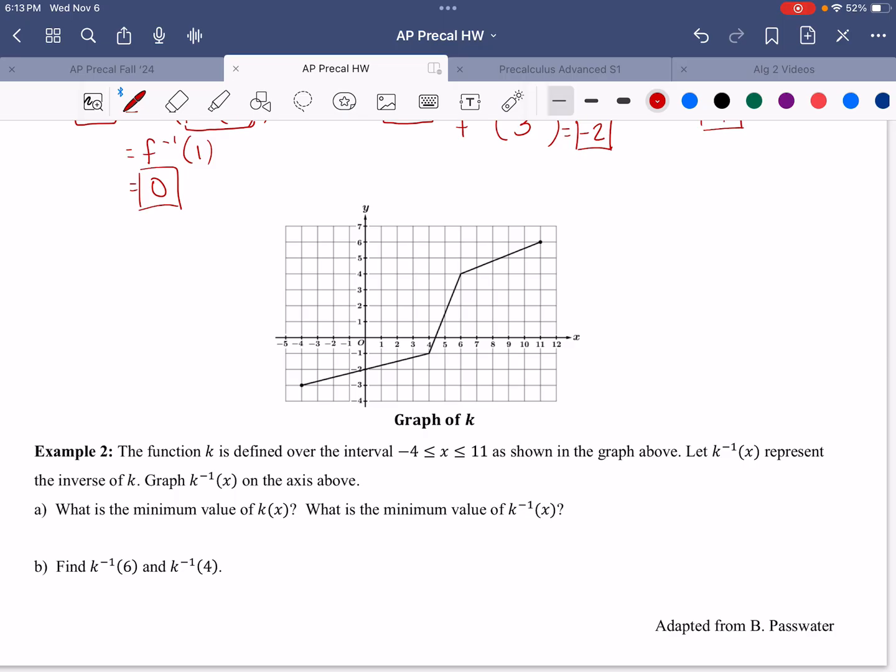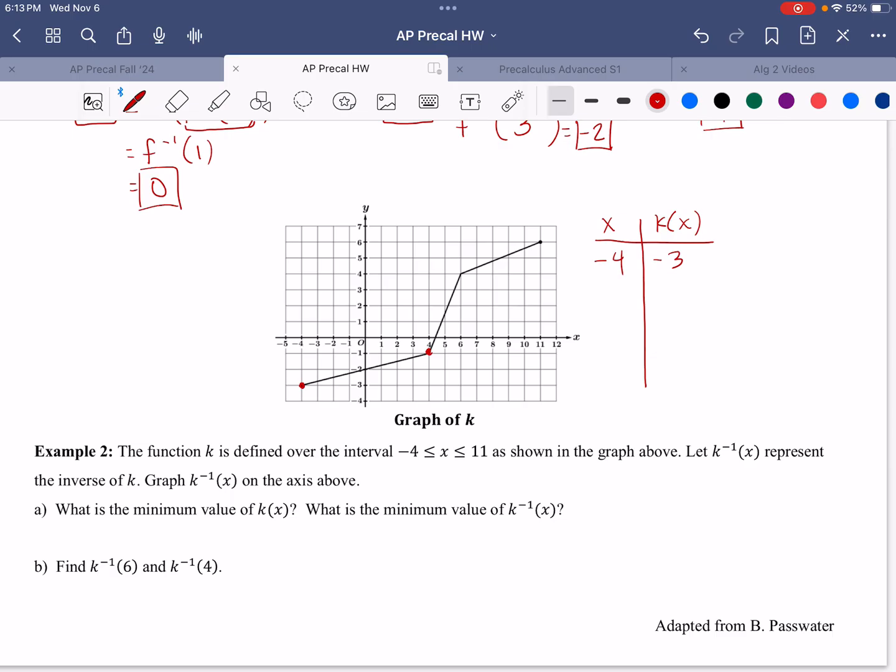My suggestion here, at least for my brain, I'm going to have to take some ordered pairs from the original function and then switch them before I plot this. So I'm going to pick the endpoints, so -4 and -3, and then anytime that the rate of change changes.